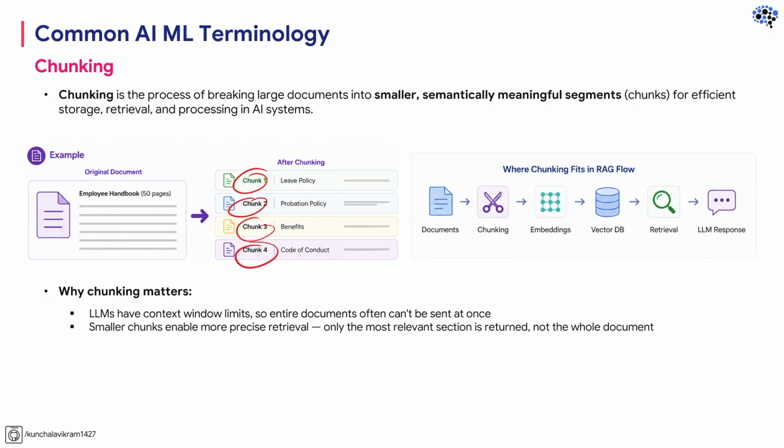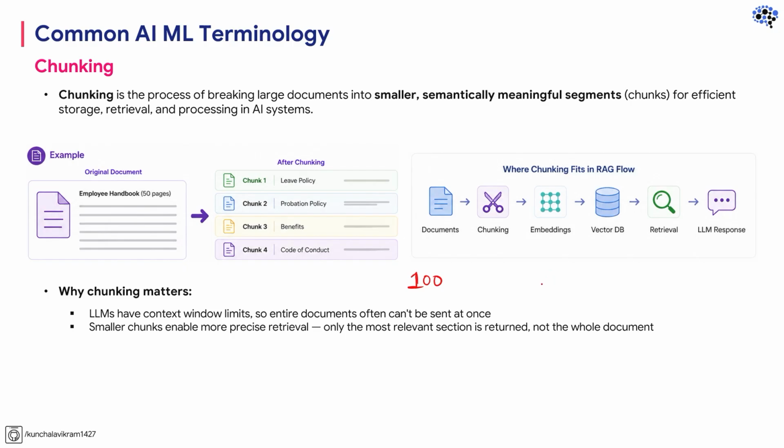The reason why chunking is required is, for example, let's say there are 100 documents in my company's organization that talk about all the policies. More than one document will have some common information; more than one document can talk about employee probation and all those things. If I have to get the information on the employee probation period, I have to compare all the documents.